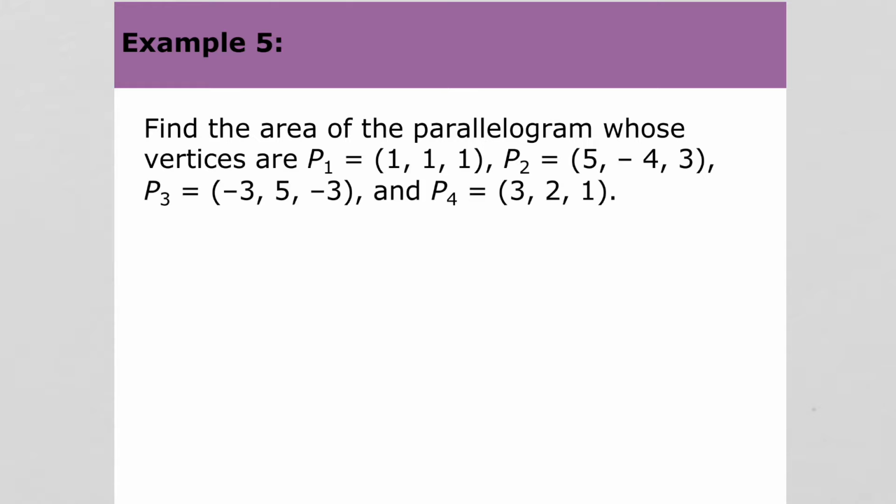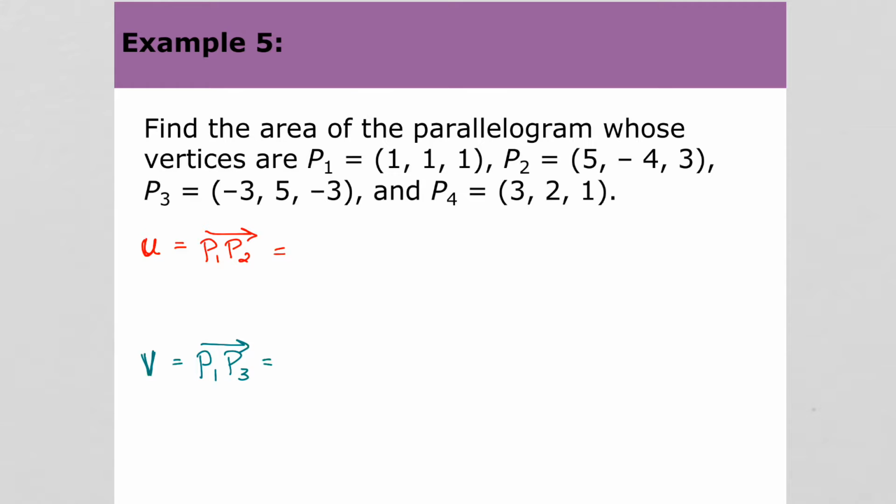So one side, we'll call it u, would be the vector from P1 to P2. Another side, which we'll call v, could be the vector from P1 to P3.